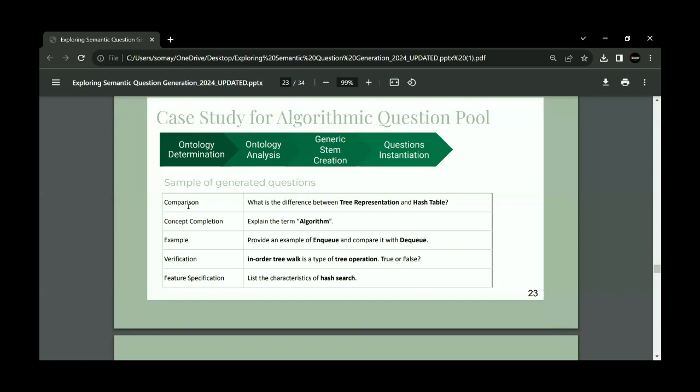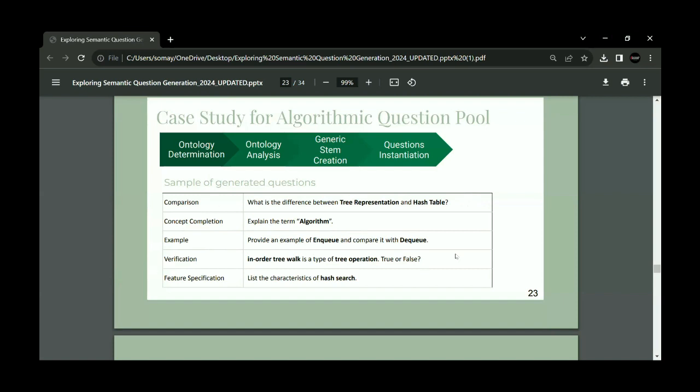For comparison, for example, in the algorithm ontology, we can ask what is the difference between the tree representation and the hash table, which is a valid question. In concept completion, we can ask, explain the term algorithm, and here it is an open-ended question. Here's an example: provide an example of NQ and compare it with DQ.